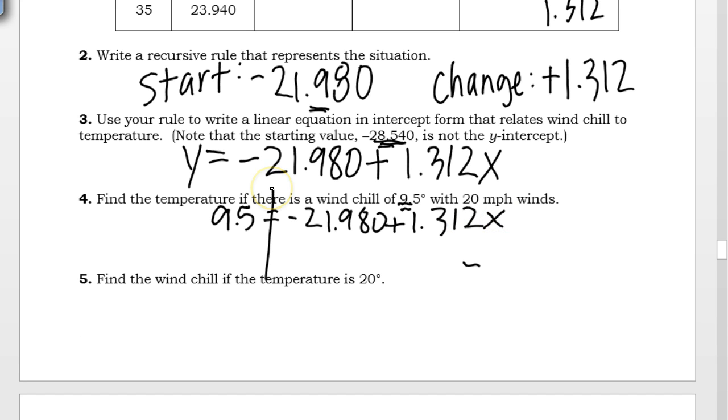And then solve that equation. I will add 21.98 to each side of the equation.